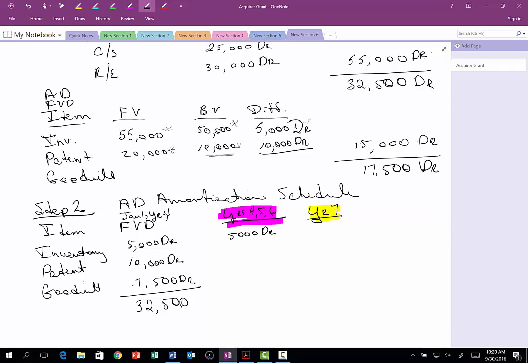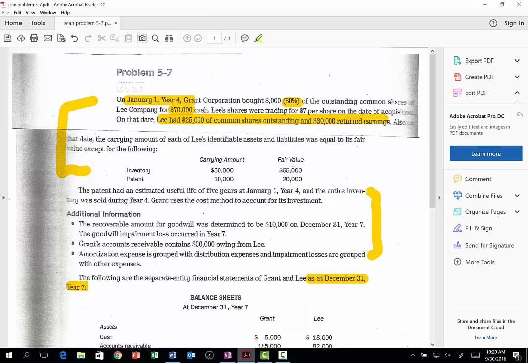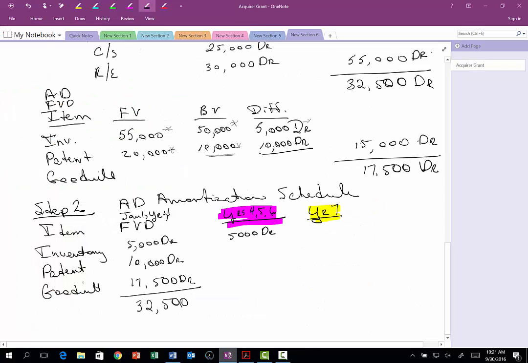The patent, if you go back to the problem, we see that the patent had a useful life of 5 years. So what that means is we need to take this $10,000 debit, divide by 5, and every year we need to adjust our amortization by $2,000. Now, what will have happened in years 4, 5, and 6?